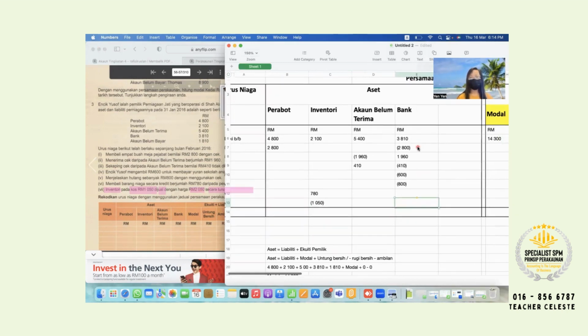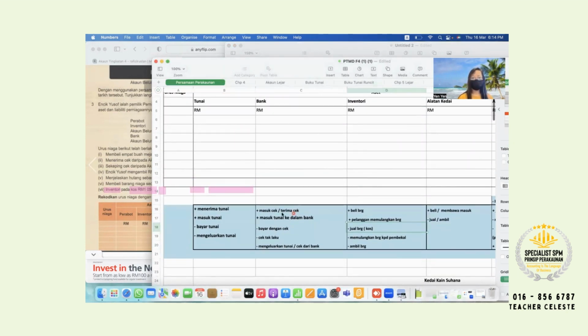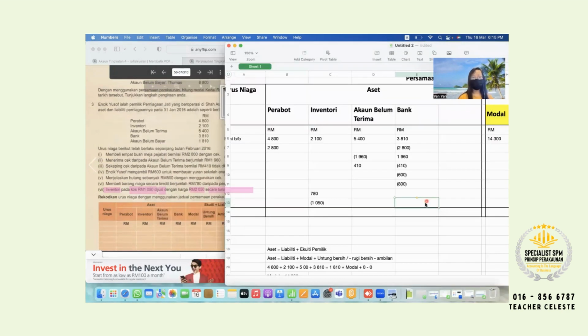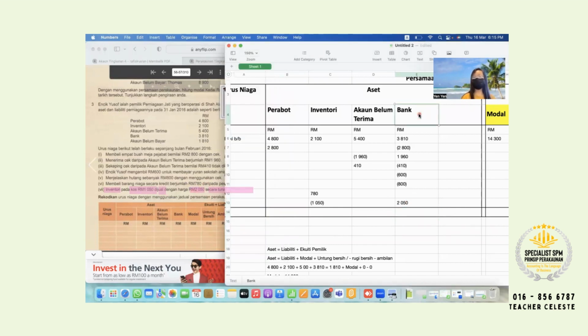So which means bank column. Bank increase or decrease? Masuk. So you masuk tunai ke dalam bank. Plus 2050, because you receive 2050. So you take 2050, masukkan ke dalam bank, jadikan bank increase 2050.